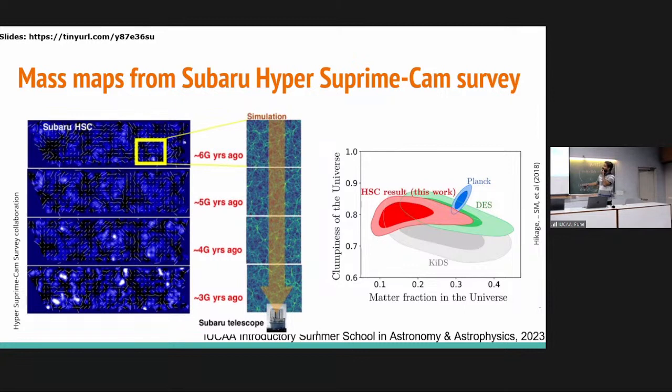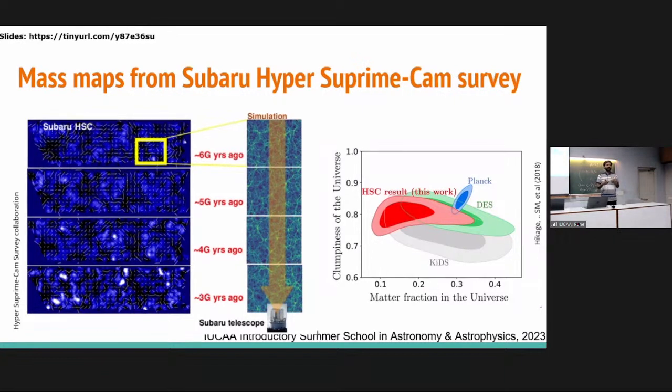Now, one of the things that you can do with this is compare it to numerical simulations. In simulations, you can run structure formation simulations, which show how structure in the dark matter grows as a function of time. I'm sure in large scale structure courses, you may have seen one of these simulation videos, right? Early on, there is less structure, and then as time goes on, you get more and more structure.